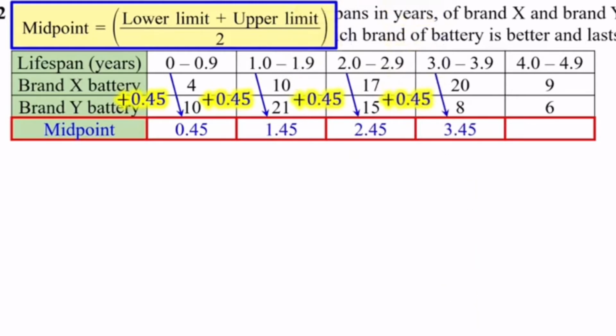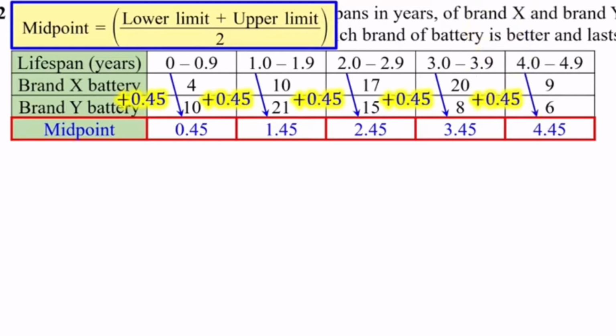And finally the last one will become 4.0 plus 0.45, which is 4.45. So we have found all the midpoints for the brand X battery and for the brand Y battery. The last one, the midpoint is 4.45.